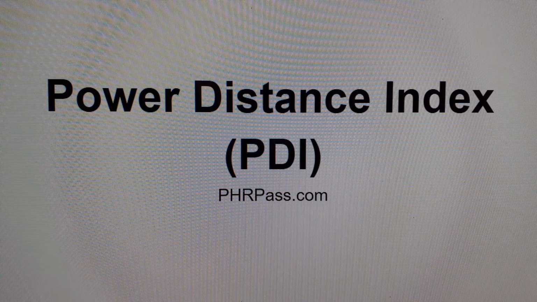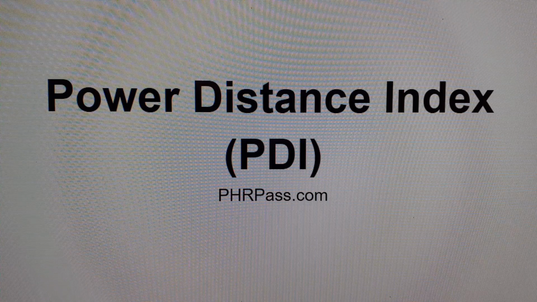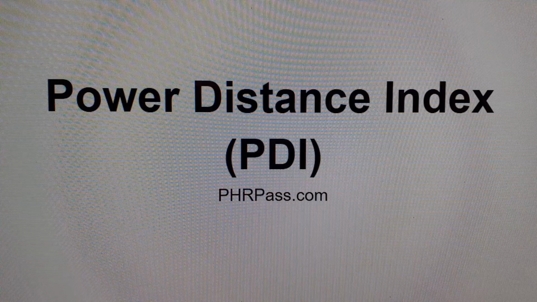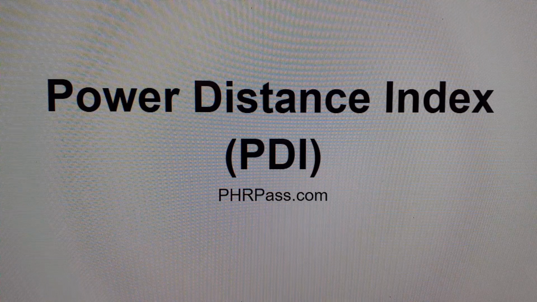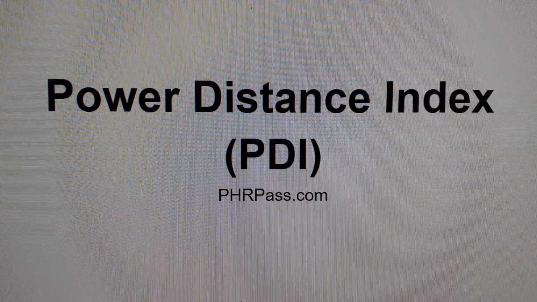The Power Distance Index is the expectation of those with low power as to the acceptable level of difference in power between the powerful and the powerless. Synonyms: Power Distance Rating.